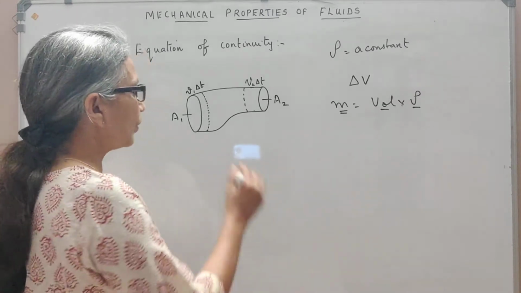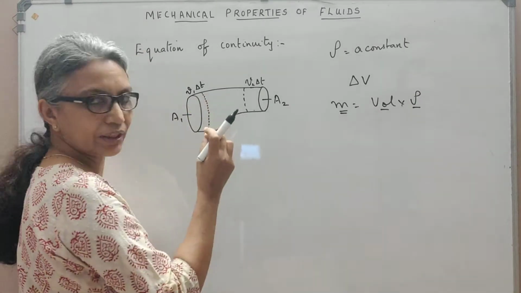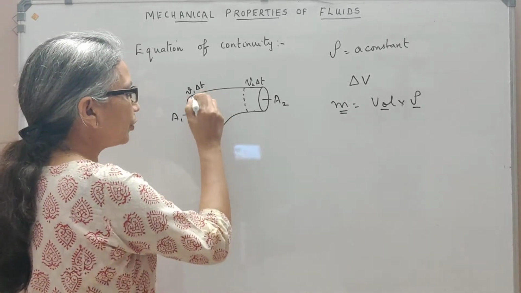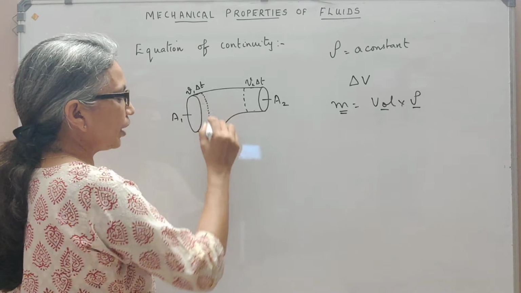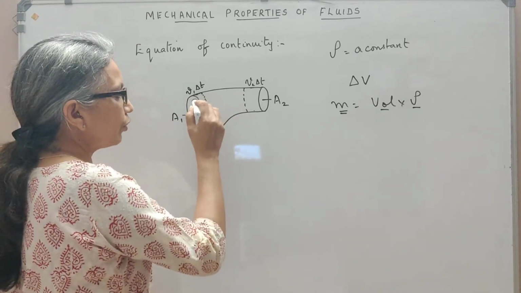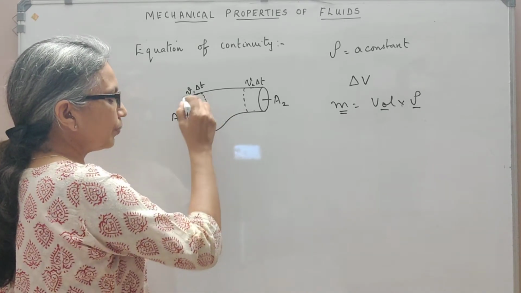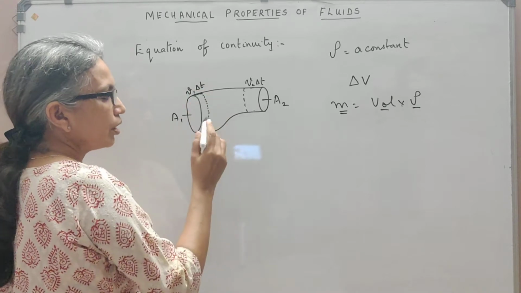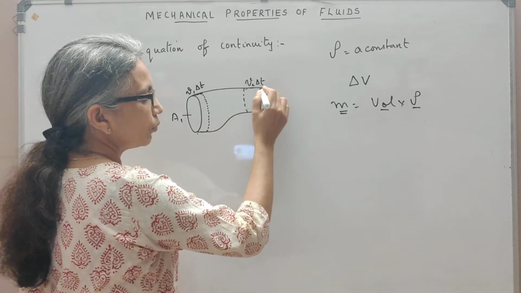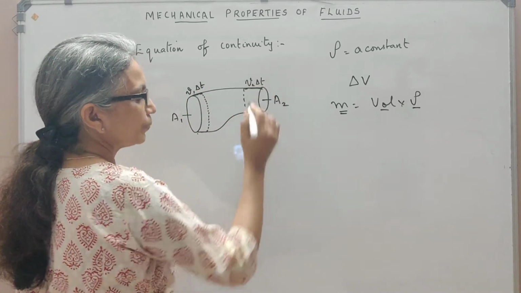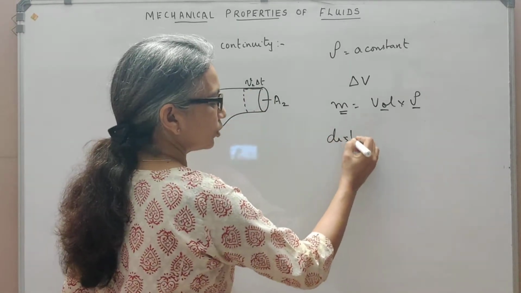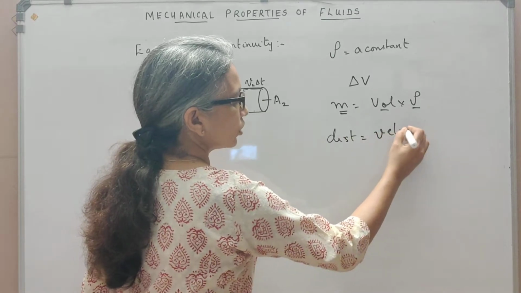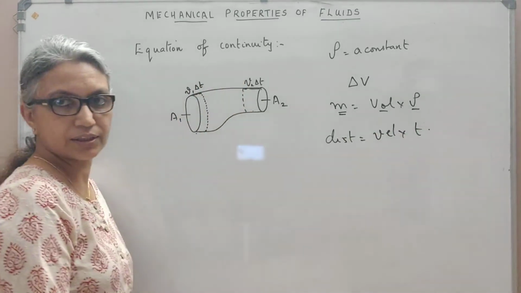Now if you take delta t to be a very small interval of time, then we may consider the area to be the same over this distance, so that the volume of this cylindrical portion will be base area into height. Here also the volume will be base area into height. Now the distance it flows is equal to velocity into time, because velocity is distance by time.